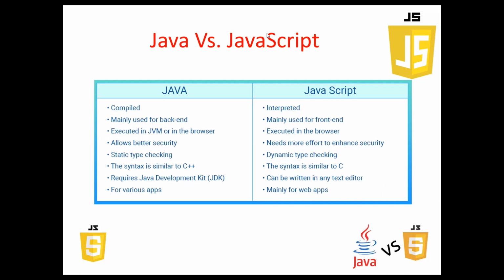But in JavaScript, you don't need any special development kit. You only need a simple text editor. With the help of a text editor, you can start writing your JavaScript. Java is for various applications, and you can use it anywhere, even in a web browser. But JavaScript is mainly used when you are developing any web-based application. Okay, so this is the difference between Java and JavaScript.